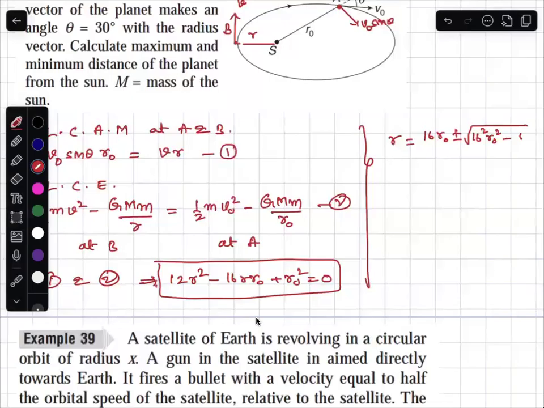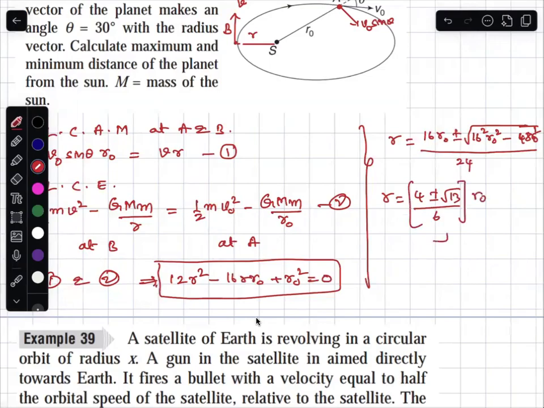One minute, let me just see. 16 square minus 48 R naught square root, divided by 24. So you will get this as 4 plus or minus root 13 divided by 6 R naught.